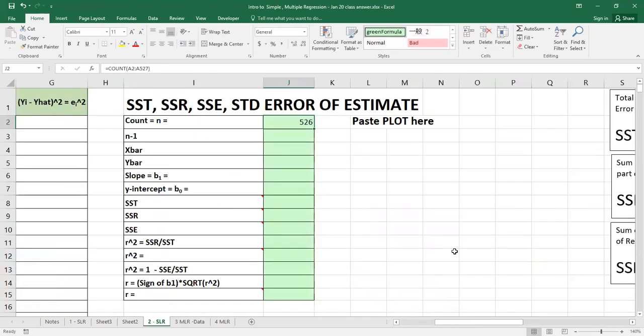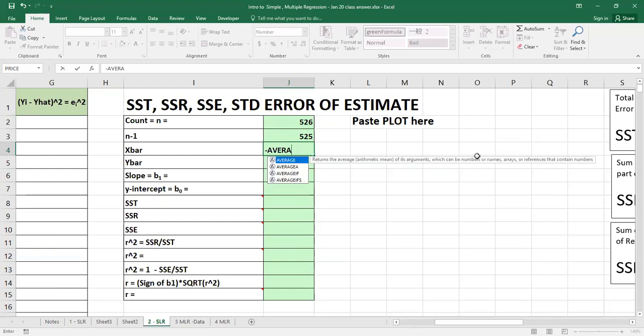So, ginawa na natin to, guys, last time. That's why hindi na ako masyado nagbabagal dito. Okay? And then x bar is simply the average. It's equal to average ni x.